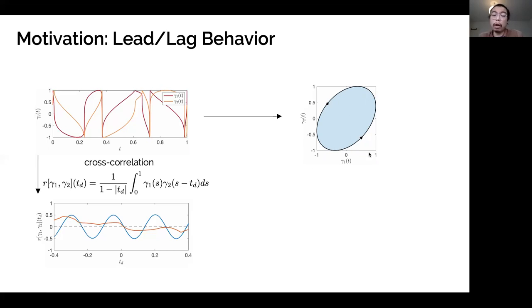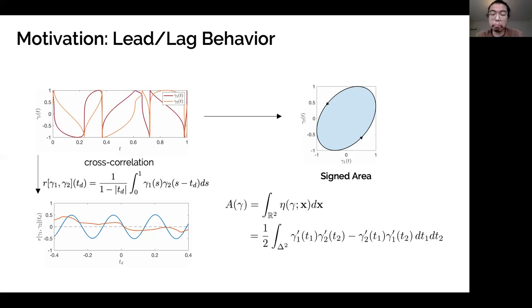So one feature that we can use here is the signed area. The signed area is just the integral of the winding number if we have a closed path. And if we apply Stokes' theorem, then we can write it in terms of these iterated integrals. I'm going to suggestively write these two integrals as S12 and S21.